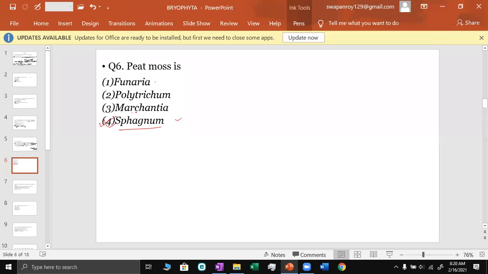Marchantia is a liverwort. Funaria, polytrichum and sphagnum are mosses, and sphagnum is especially called peat moss. Peat or bog; this is also called bog moss.